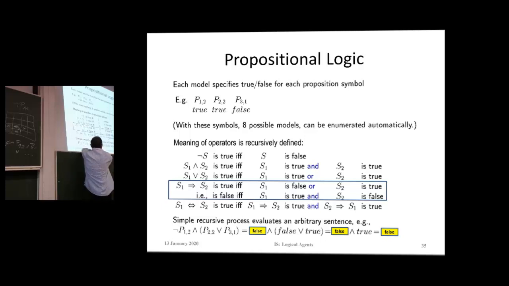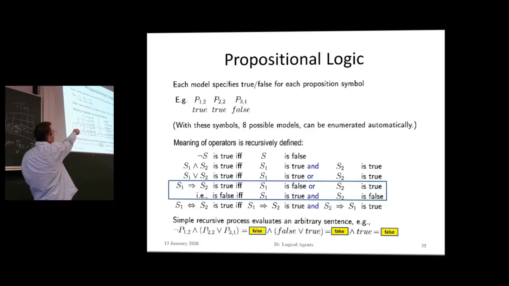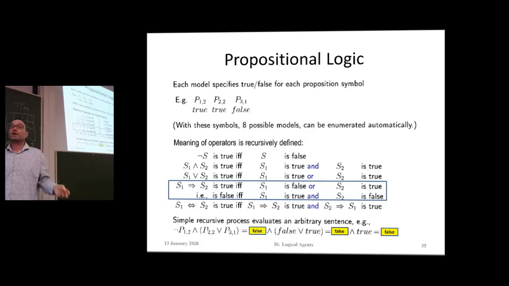I can check that the left-hand side is true. The right-hand side is P22 and P31, so the order is incorrect here. So this one is true, and false and true is false. So basically, this formula is not satisfied by this variable assignment. So this choice of variables up here is not a model for this formula.